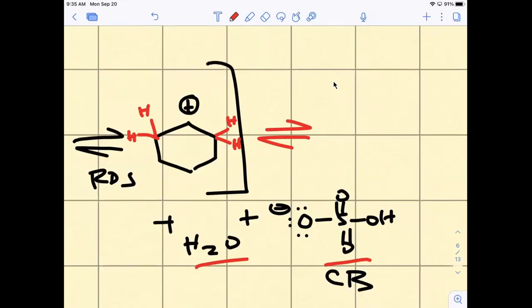We'll use that as our base, right? So this is gonna come here, pull that proton off, right? And the electrons from that CH bond, that's what I'm going to use to make my pi bond. So this is now here like that.